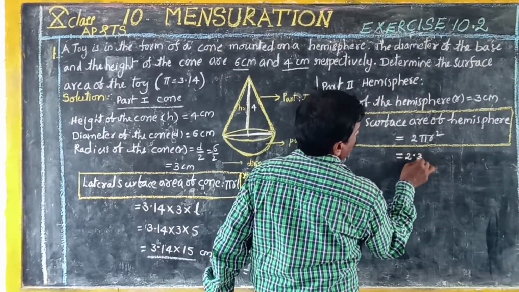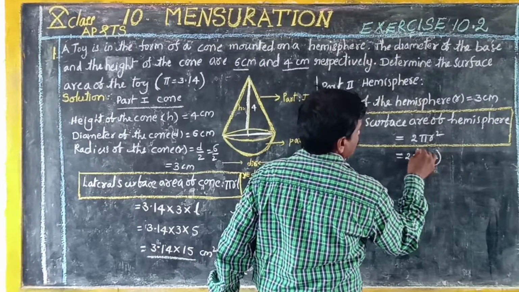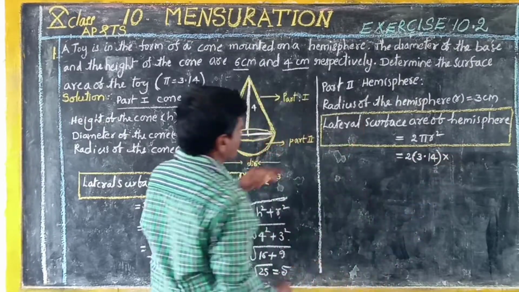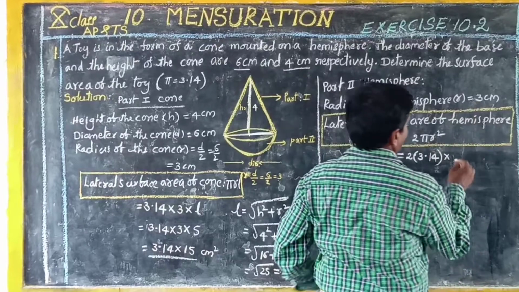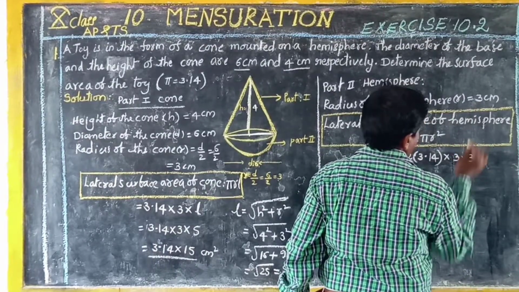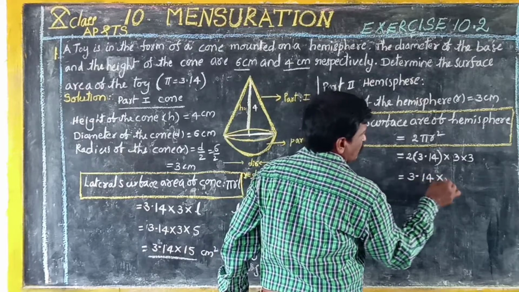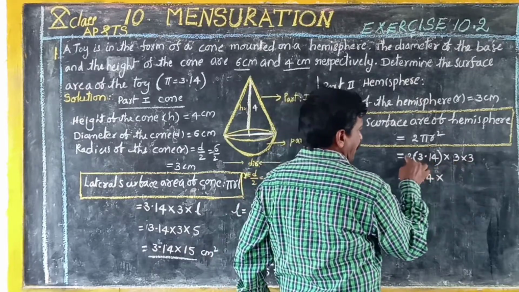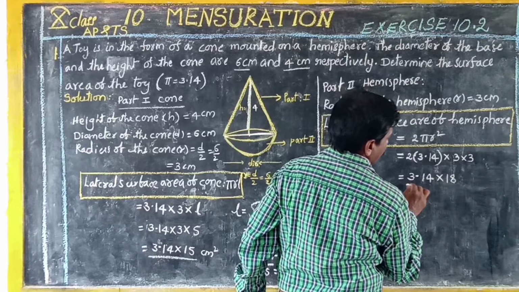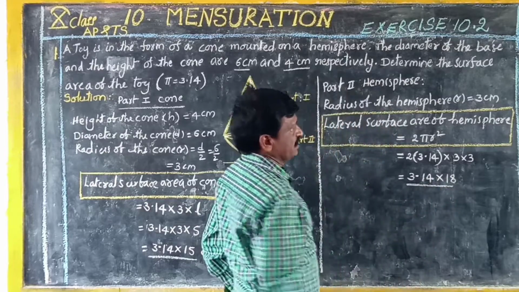So 2 into 3.14, r means 3, into 3 is r square. 3.14 into 3 times 3 is 9, 9 times 2 is 18. This is the part 2 answer, centimeters square.